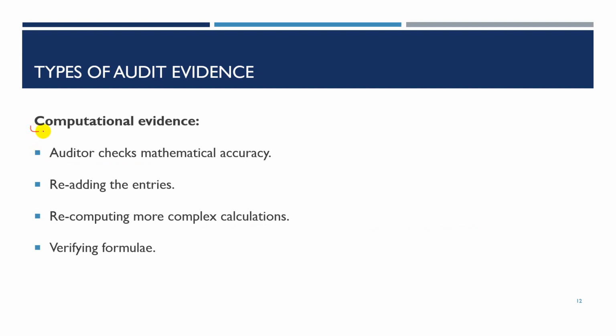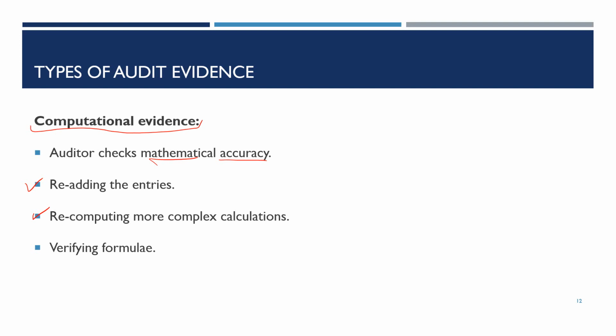Computational evidence is gathered when an auditor checks the mathematical accuracy of the numbers that appear in the financial report. This involves re-adding the entries included in a client's journal and ledgers. It also involves recomputing more complex calculations such as foreign currency translation, FBT or fringe benefit tax, interest on loans outstanding, and fair value modeling.